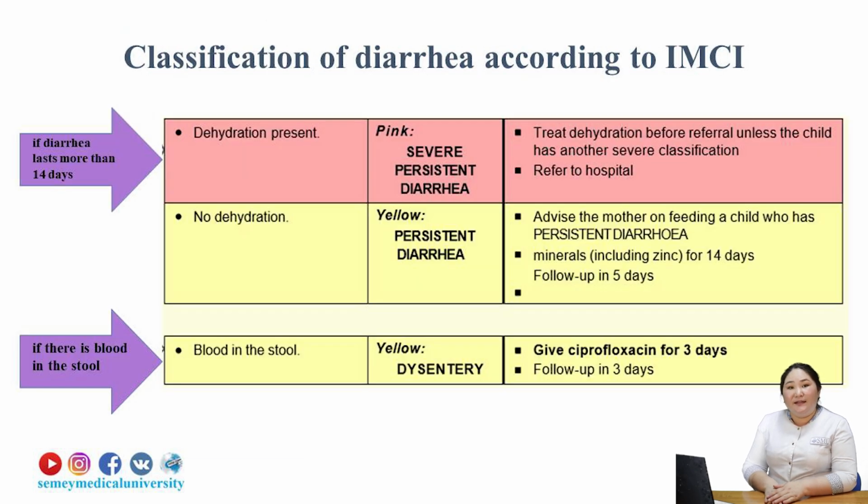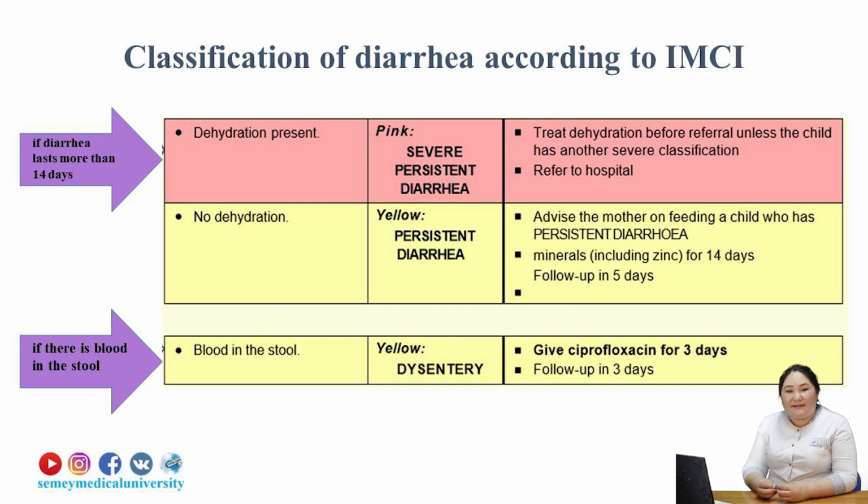So, if diarrhea lasts more than 14 days, we will classify it as severe persistent diarrhea, if the patient with prolonged diarrhea has signs of severe dehydration. If there is no dehydration, and only diarrhea lasting more than 14 days, it is persistent diarrhea.